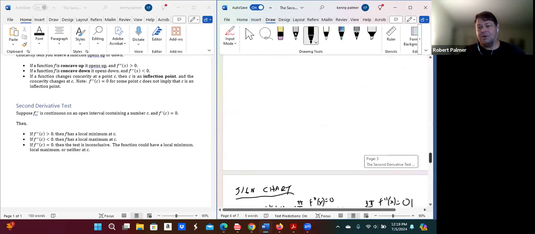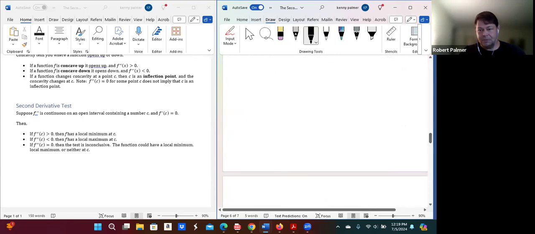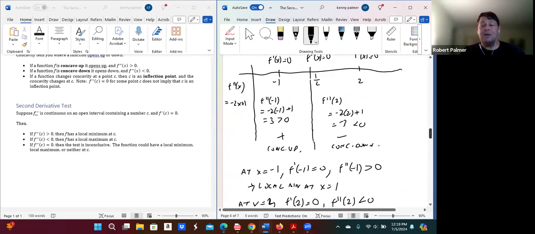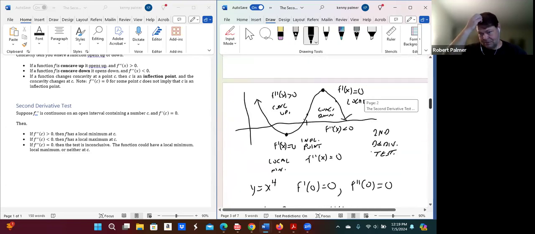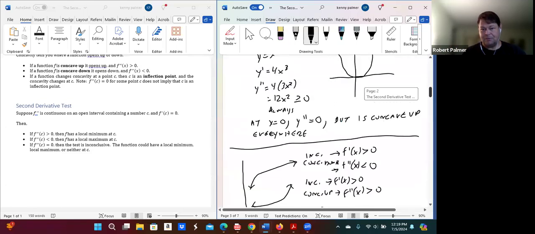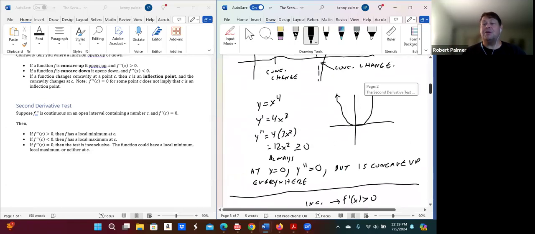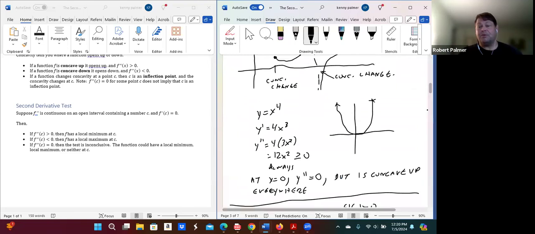Okay, so let's kind of review what we learned. Let's mention one more time, again, we think about x to the 4th. If we did a second derivative test on x to the 4th, we notice that the first derivative would be 0, a critical value right here at 0.